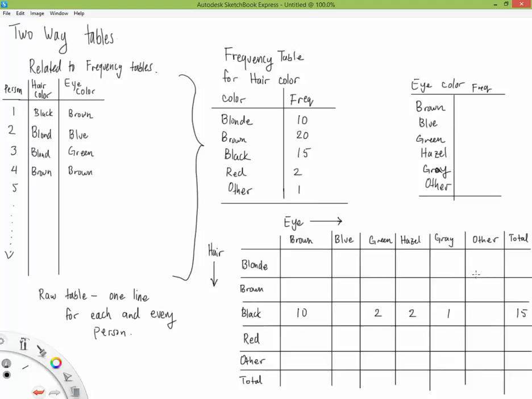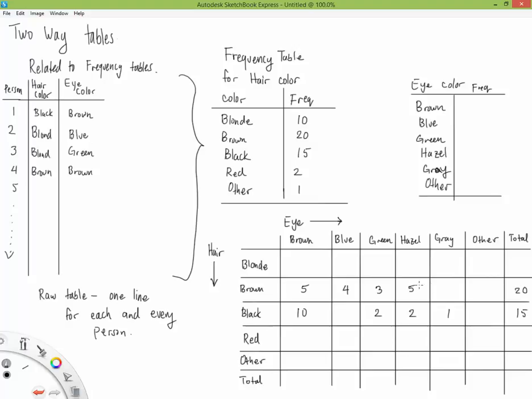Now we look at the people with brown hair. There's a total of 20 people with brown hair, and we just have to say how many have brown eyes. I'll just make up numbers here: brown hair, maybe 5, 4, 3. That's 7, 12.